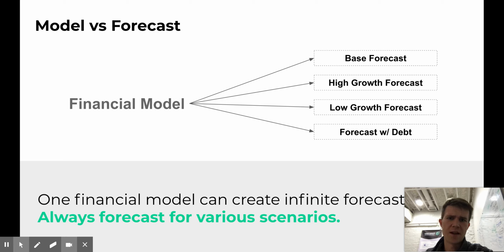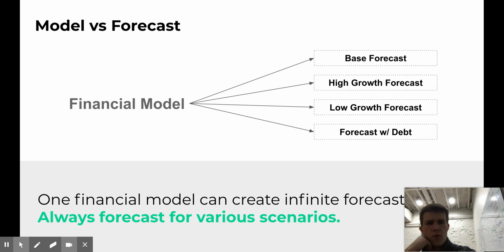So we have some examples here on this slide of a forecast with new debt. So perhaps you're reaching a cash crunch and you're contemplating taking on a new note, and you want to see how that's going to affect the cash flow of your company. You would likely run that scenario in a financial model and just see how much does that increase your runway, and what does that do from an expense perspective.